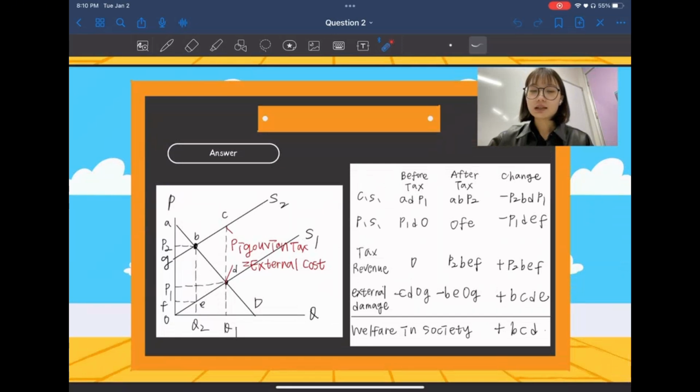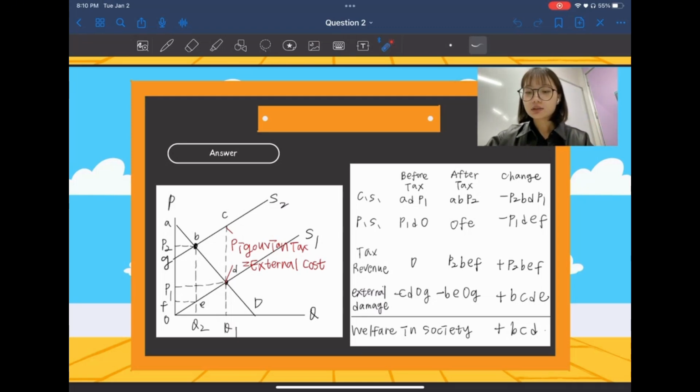As the diagram shows, before the tax, the supply curve is S1 and the demand curve is D. So the consumer surplus is A, D, P1, and the producer surplus is P1, D, O. The tax revenue is 0 because at this time we have no tax.